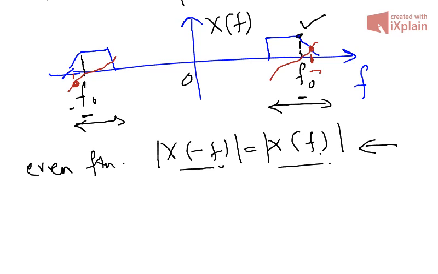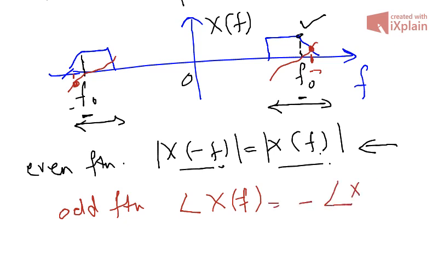The phase of x of minus f is minus the phase of x of f. It would be like this, so it is an odd function of frequency.